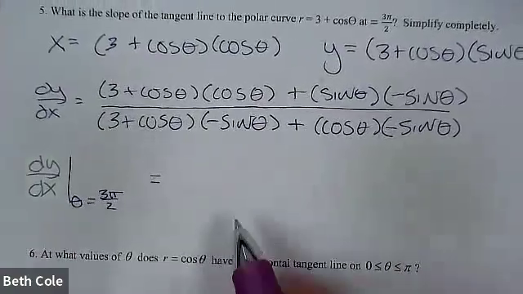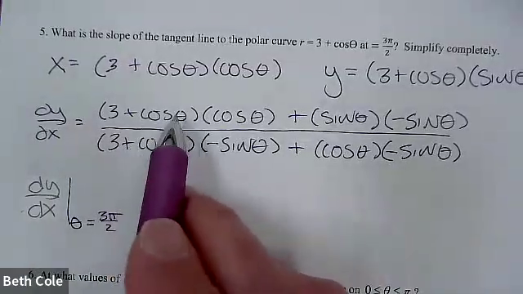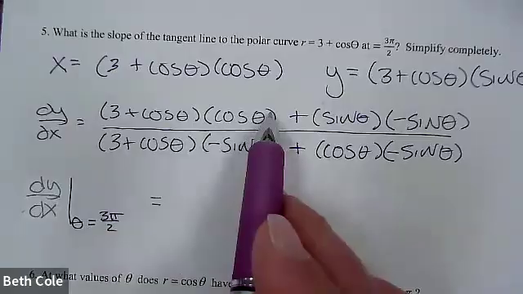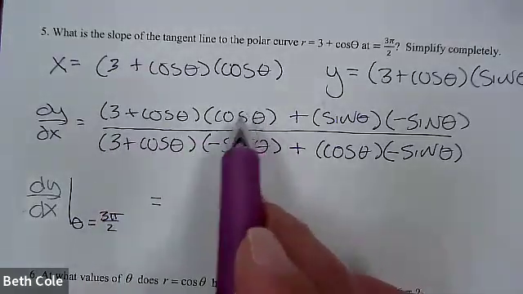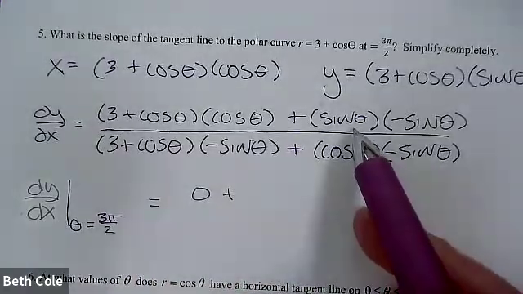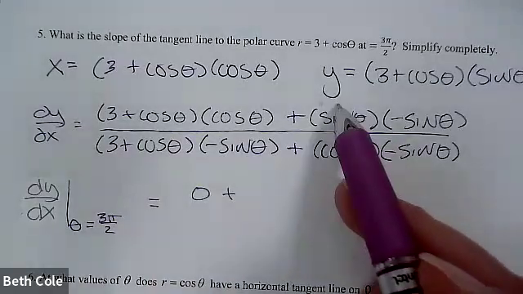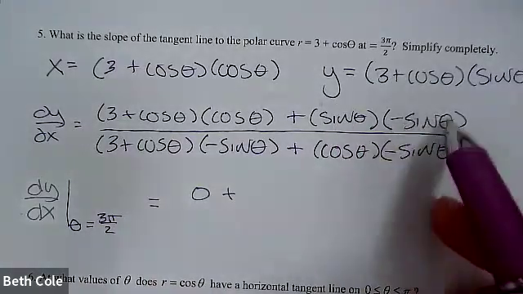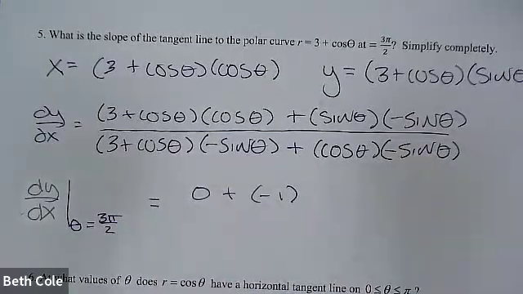So 3 pi over 2 is at the bottom of your unit circle. It would be the point (0, -1). So cosine of that is going to be 0. So actually, that entire thing is going to go to 0. If this is 0, it doesn't really matter what that is. So 0 plus sine of 3 pi over 2 would be negative 1. So we would have negative 1 times positive 1, because those negatives will cancel, so negative 1.